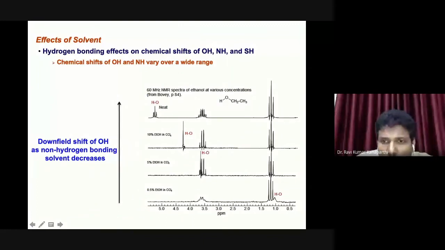When you have a very small amount of ethanol in non-hydrogen bonding CCl4, the OH proton is seen here, and when the ethanol percentage increases in the same CCl4, the OH proton is seen here. As the CCl4 content reduces and the ethanol content increases, going from bottom to top, that means as you decrease the non-hydrogen bonding solvent, the OH proton moves from the right hand side to the left hand side.